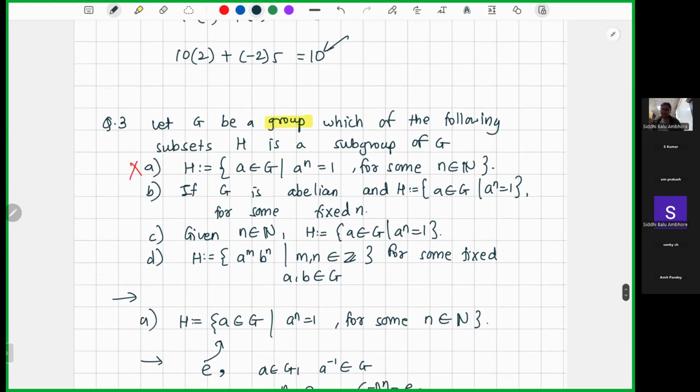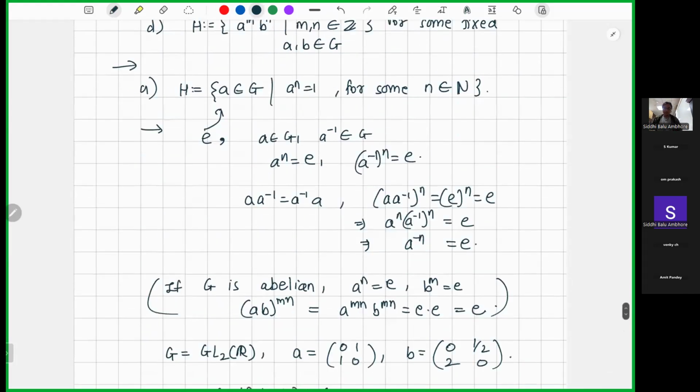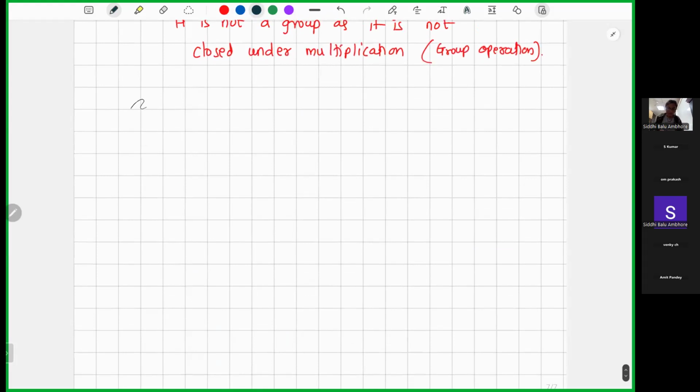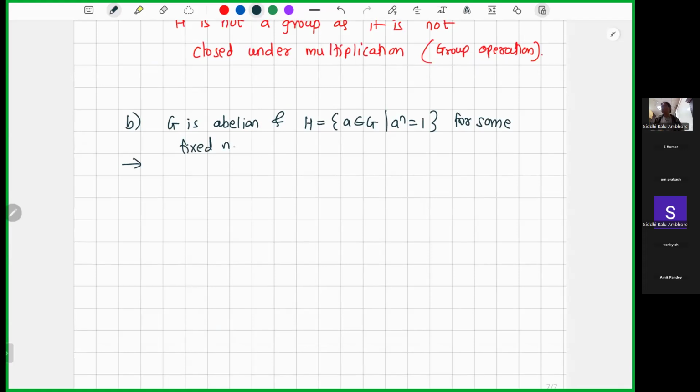Now the second part is that G is abelian. Wait, let me write the second part. B. G is abelian and H is the set of A in G such that A power n is 1 for some fixed n. So any guesses whether this will be true?